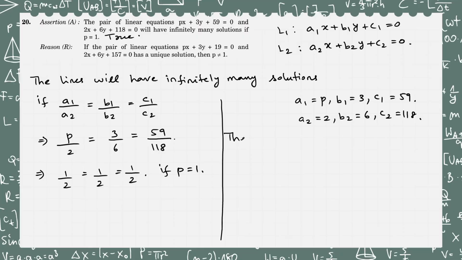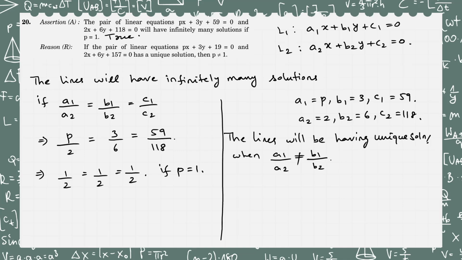The lines will be having unique solution when a1 by a2 is not equal to b1 by b2. So, according to the lines given in reason, a1 is equal to p and b1 is equal to 3 and a2 is equal to 2 and b2 is equal to 6.